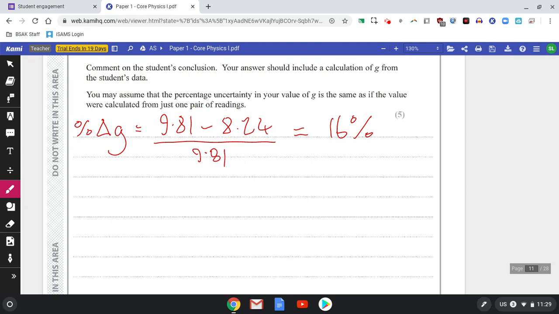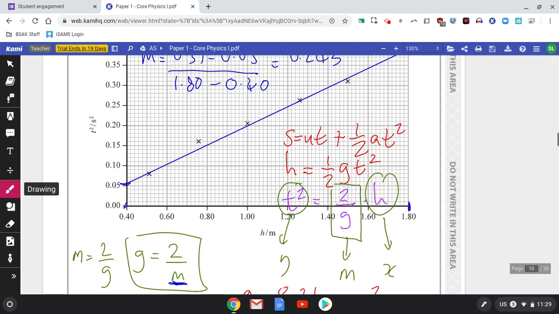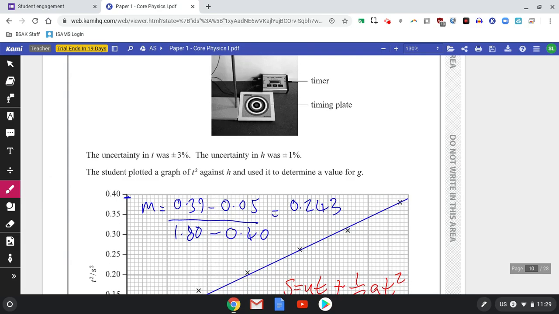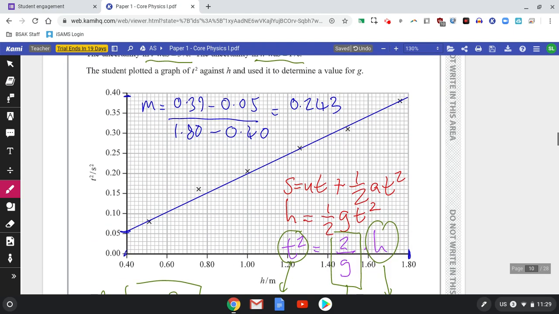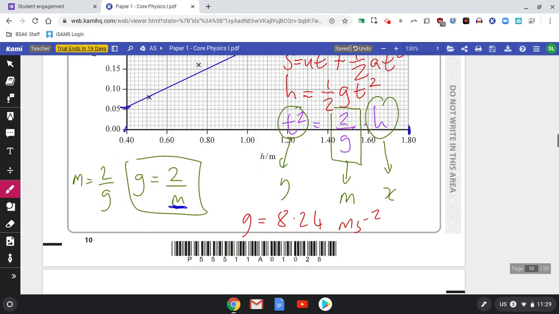So it tells us at the start of the question that the percentage uncertainty in t is plus or minus 3% and h plus or minus 1%. Okay, so let's go back to our equation here that we're using.